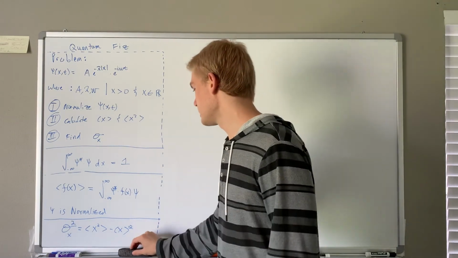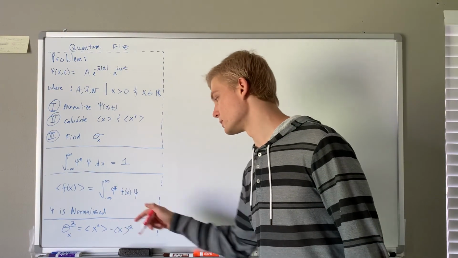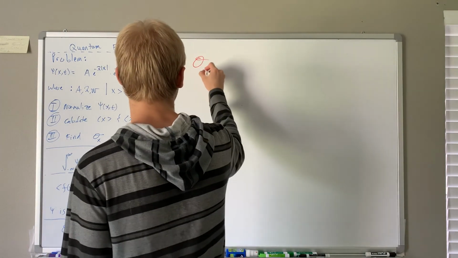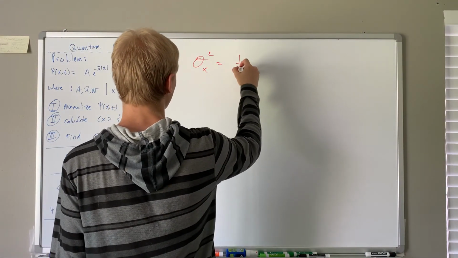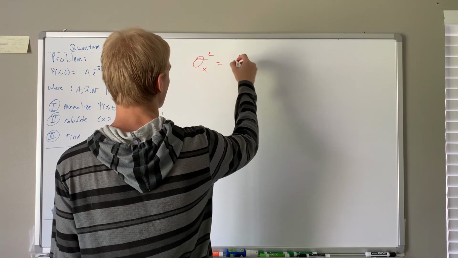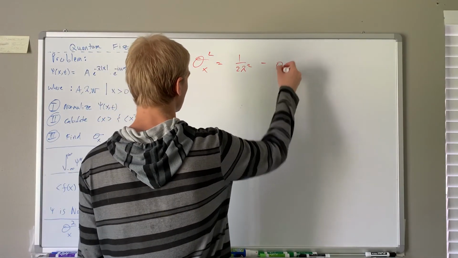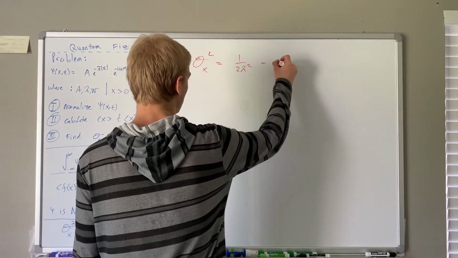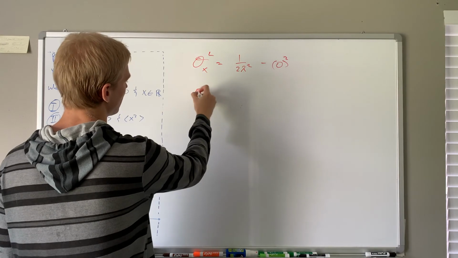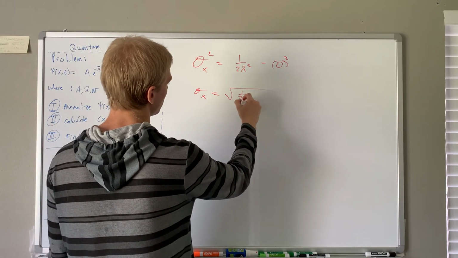We know what this guy was, it was just 0. But we know this guy was also, so I got 1 over 2 lambda squared minus 0 squared, right? Which is just 0. And to find the standard deviation, which is equal to the square root of all that.